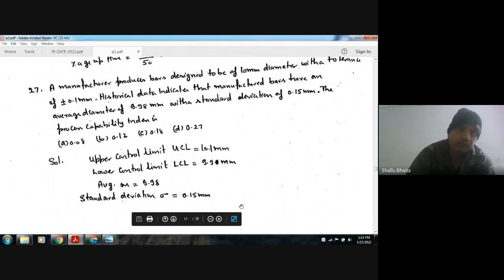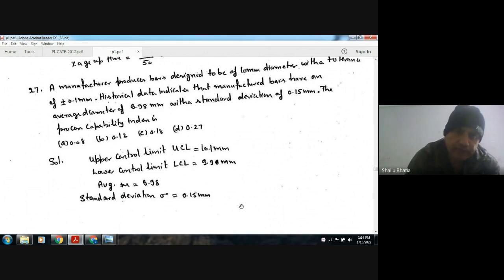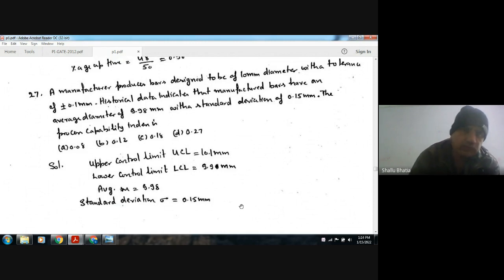Next, a manufacturer produces bars designed to be of 10 mm diameter with a tolerance of plus minus 0.1 mm.